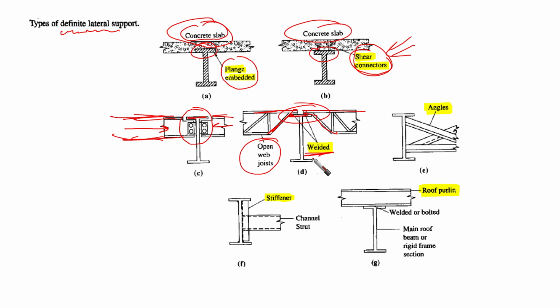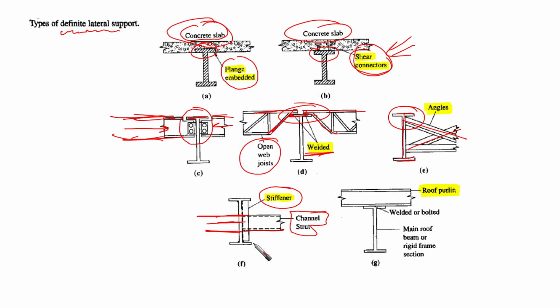In a similar way, if we have something like an I section, then we have different angles controlling the compression flange. If we are going to connect a secondary beam like a channel strut, for example, and it is going to be at this level, which is the level of the web away from the flange, then we need to use a stiffener.